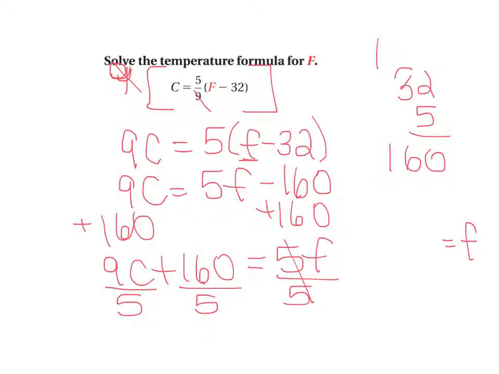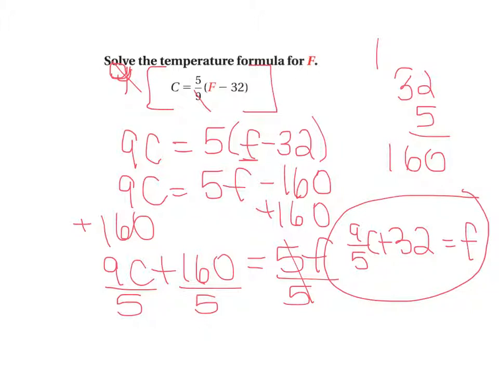Well, we knew that 5 times 32 is 160. So 160 divided by 5 is 32 plus 9 over 5c. So now we just learned the conversion for given Celsius, what it would give us in Fahrenheit.